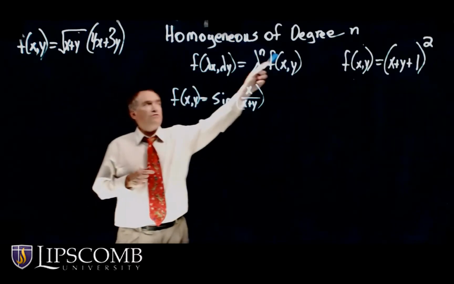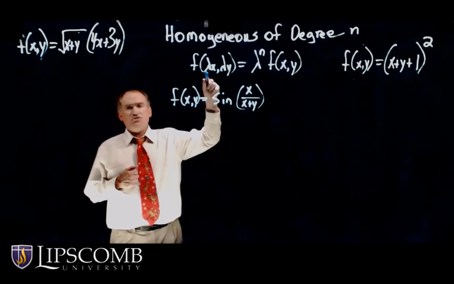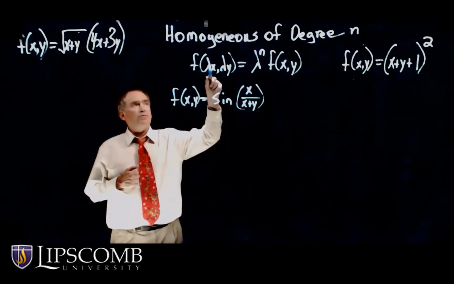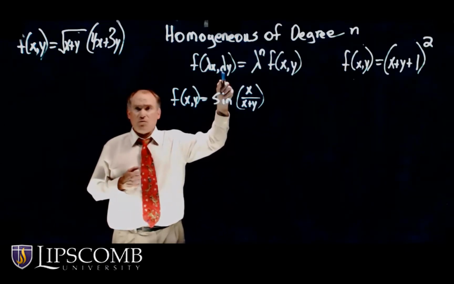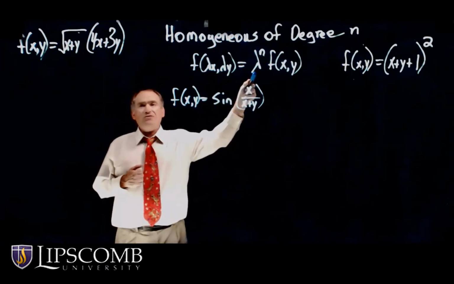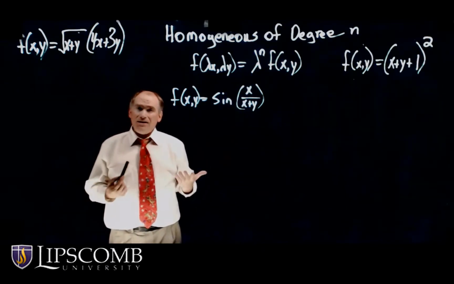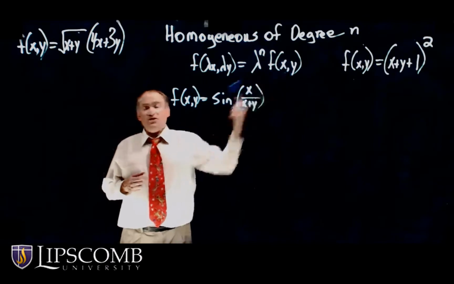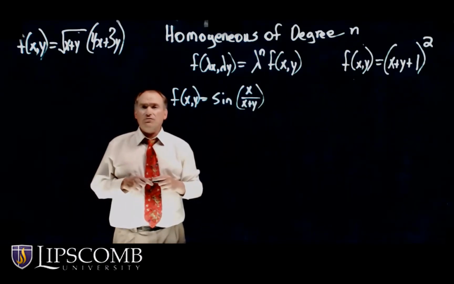So a function f(x, y) is homogeneous of degree n if I replace the x with lambda x and the y with lambda y, and I can factor out lambda to the nth power times the function itself, f(x, y). That's what we mean by homogeneous of degree n.